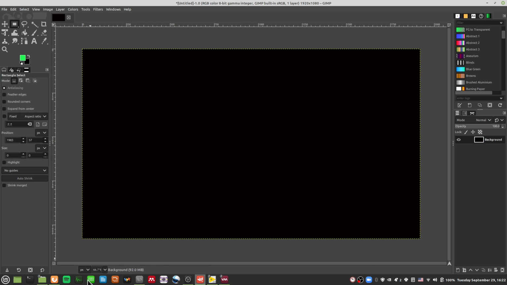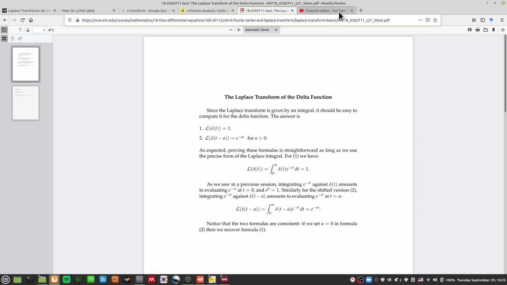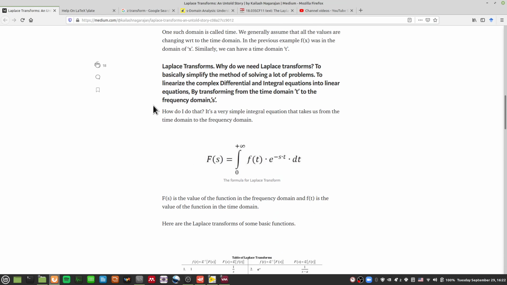What is the Laplace transform? If you take a look at the definition, the Laplace transform of some function f(t), which we can call F(s), is the integral of f(t) times e to the minus st dt.